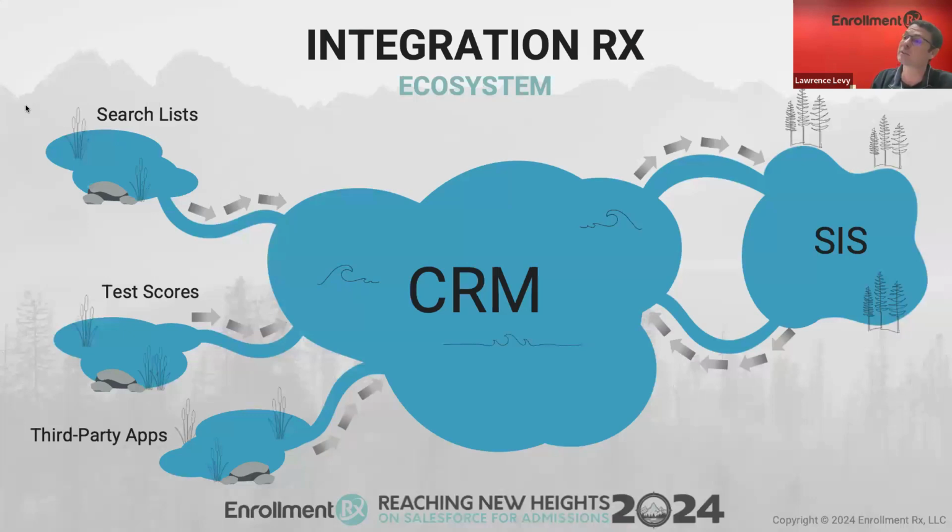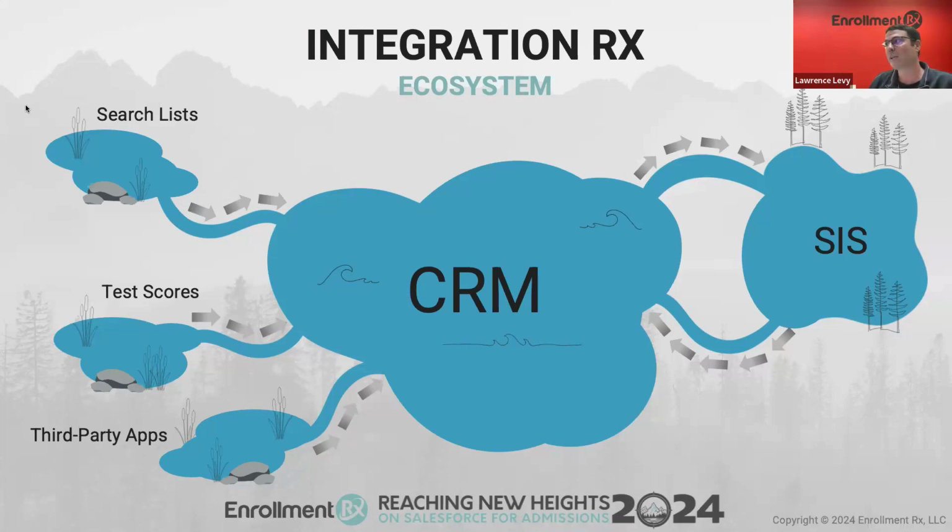So the CRM system is that RAD system, that recruitment, admissions, and decision system, as we call it, where that staff is logging into the CRM. On the left-hand side, we still have those sources of data, those search lists, those test scores, those third-party apps, the common application and such that are feeding into the CRM system.